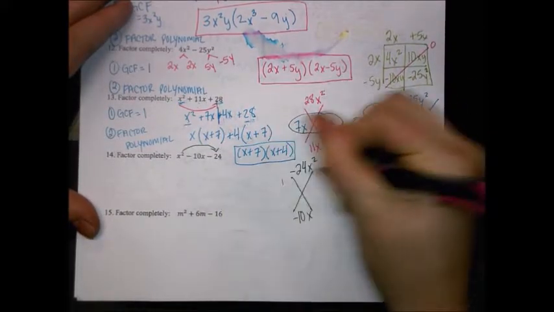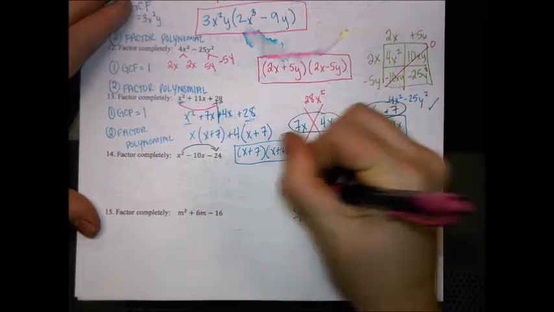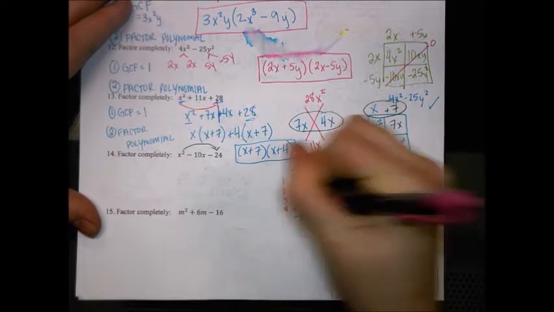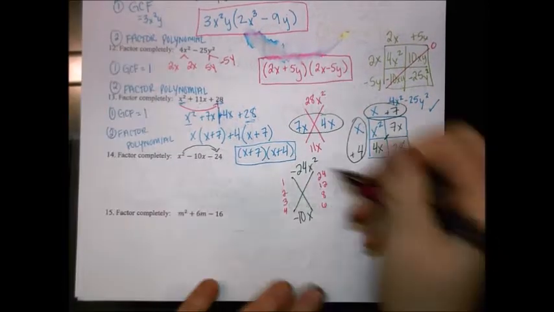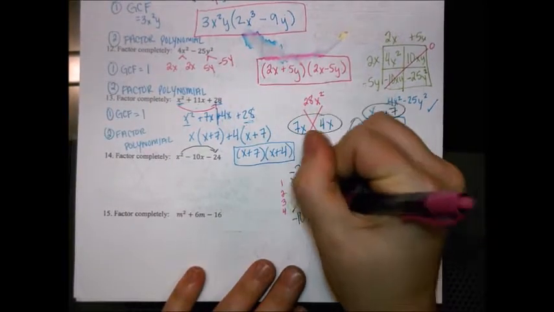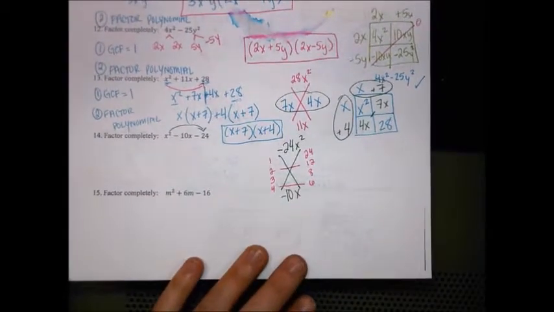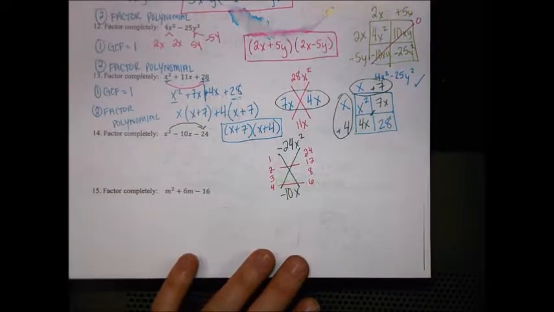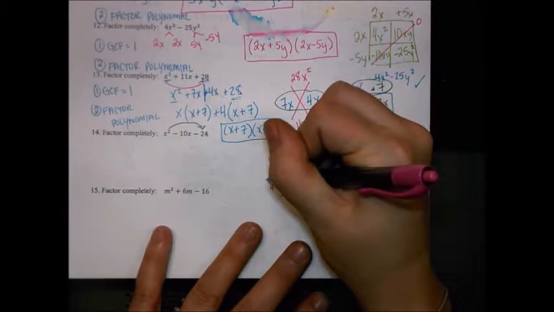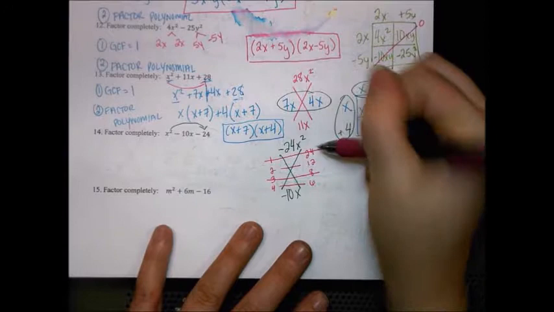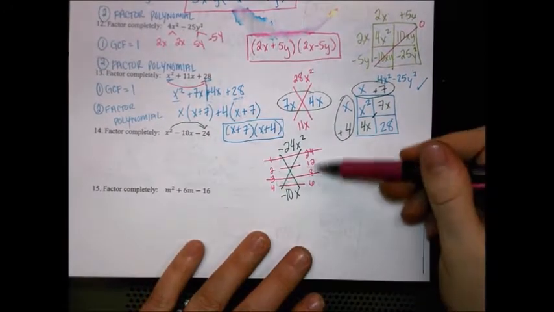My factors of 24 are 1 and 24, 2 and 12, 3 and 8, 4 and 6. There are two possible options that are 10 apart from each other: 2 and 12, 4 and 6. 3 and 8 do not combine to 10 ever, and 1 and 24 do not combine to 10 ever. So one of these two needs to work.